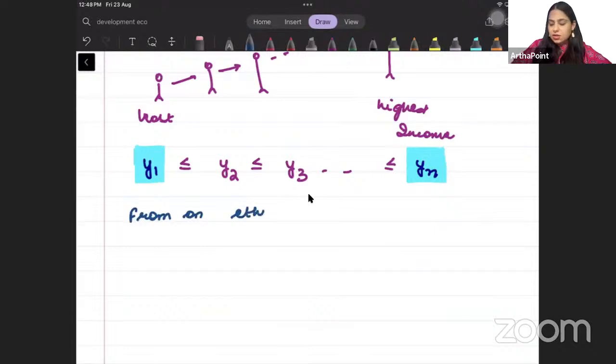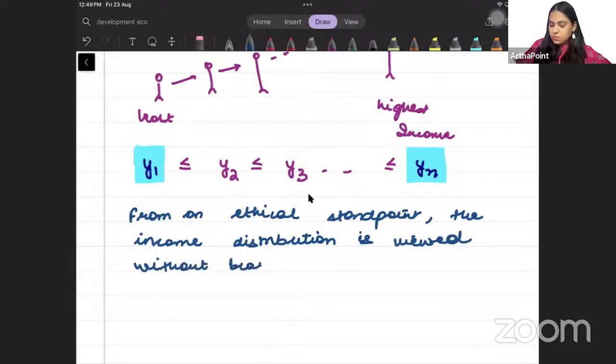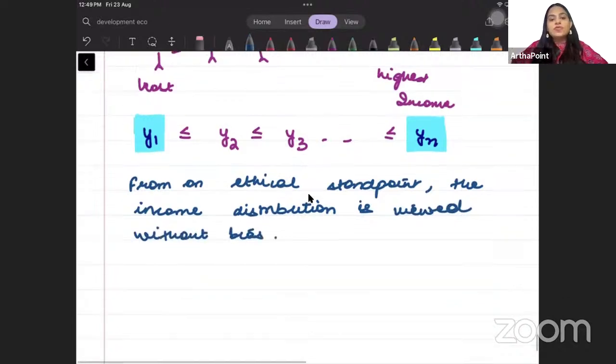from an ethical standpoint, the income distribution is viewed without bias. Right? It is viewed without bias.